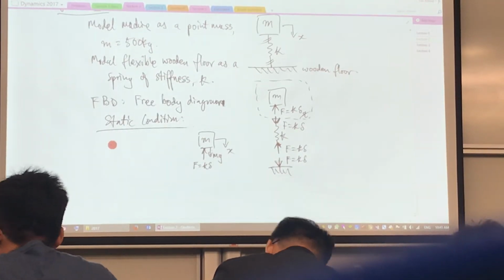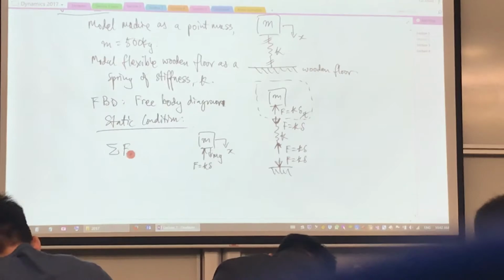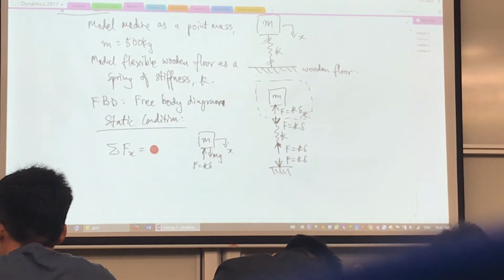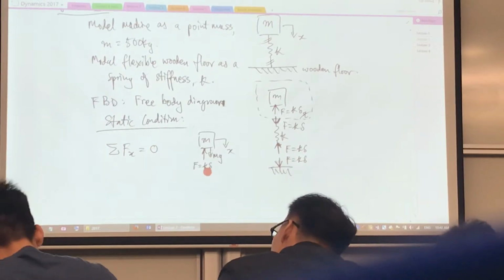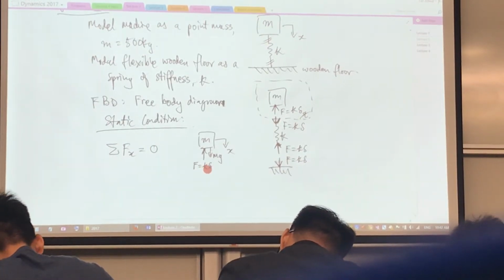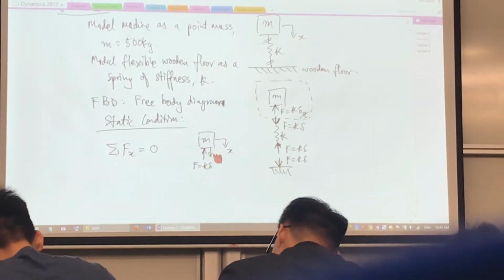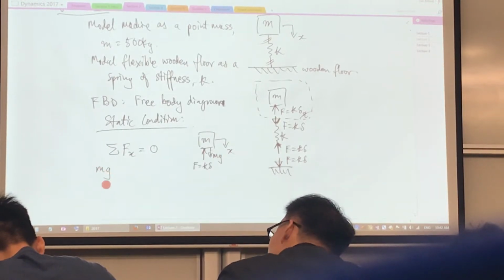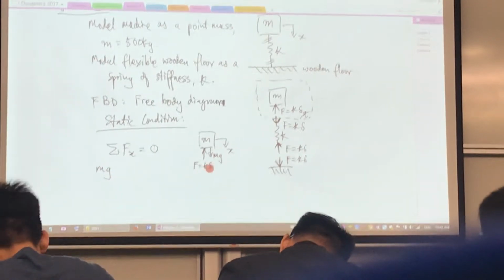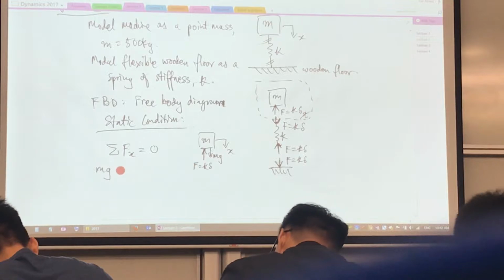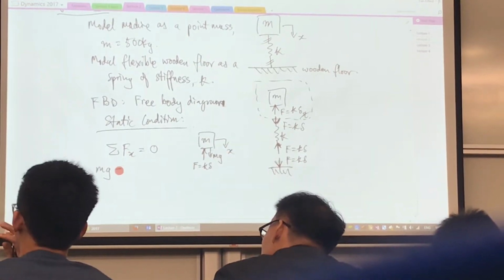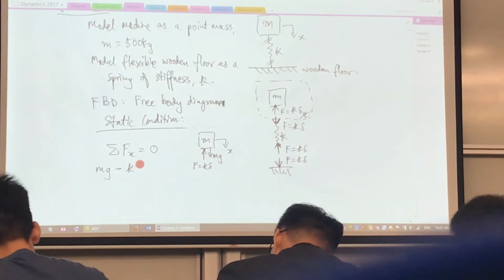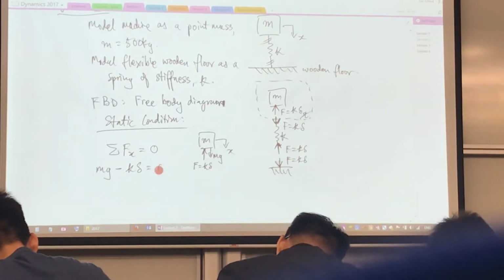For static condition, you sum up the forces along the x-axis, equated to 0. The force mg is pointing downward, so it's a positive value. The spring force is pointing upward against my convention datum x, so it's a minus value: mg minus K delta equal to 0.